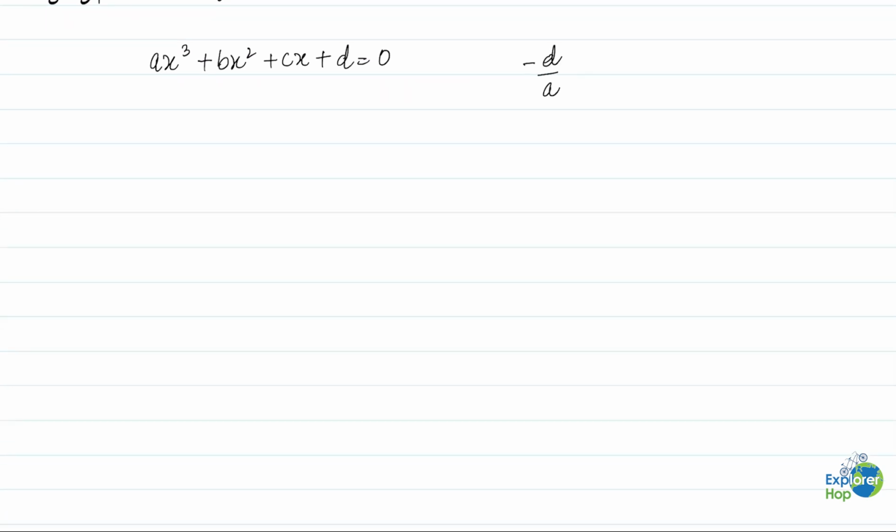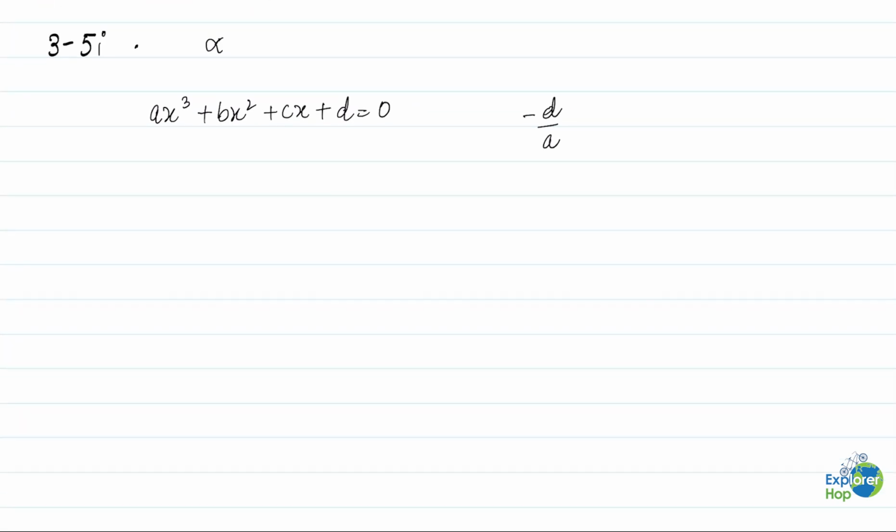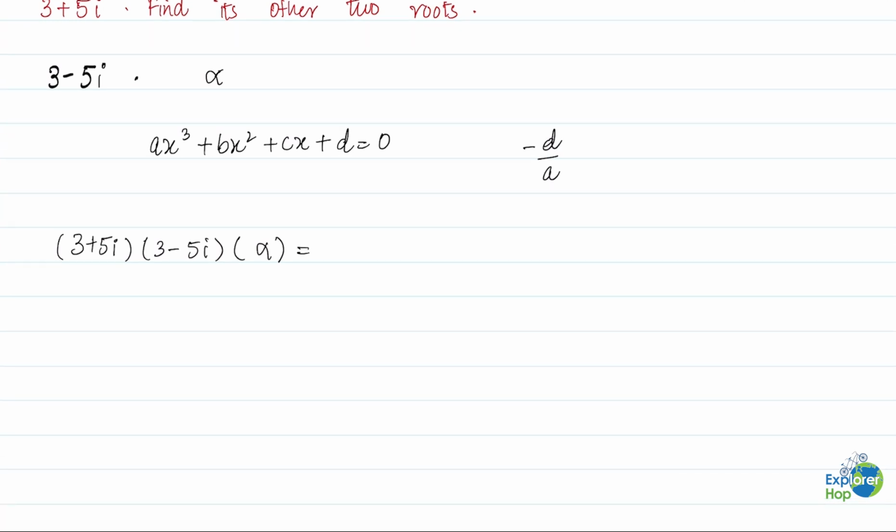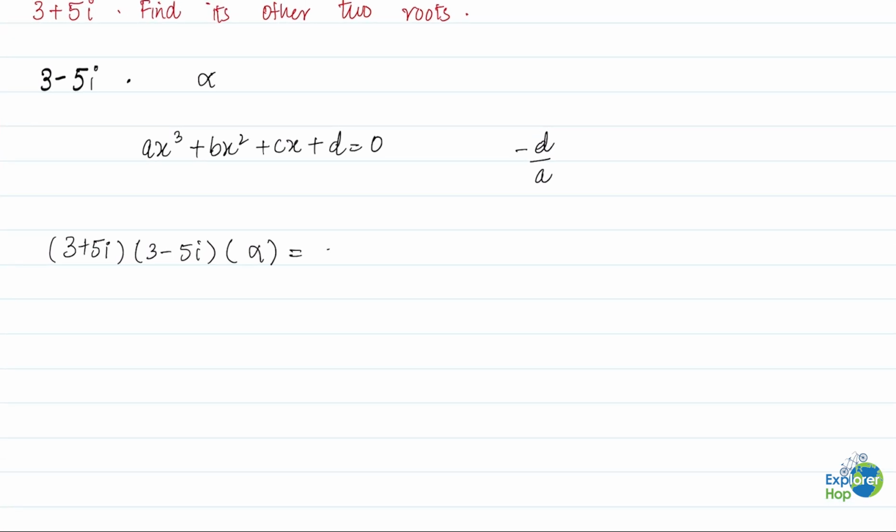So in this case, the product of the three roots would be 3 plus 5i multiplied by 3 minus 5i multiplied by alpha, and it should be equal to minus d over a. In this case, d is minus 68 and a is 1. So minus d over a would be minus minus 68 over 1, which is equal to 68.